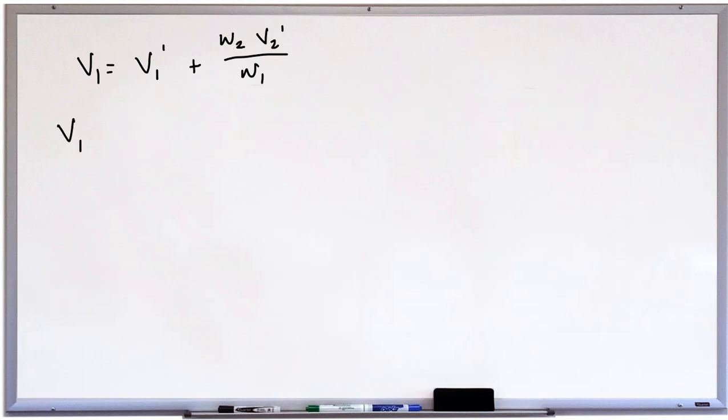And so we would have V1 is equal to 12.89 plus 4,283 for the weight of the second vehicle, multiplied by its post-impact speed of 18.89 miles an hour, divided by the weight of the bullet vehicle of 2,875 pounds.